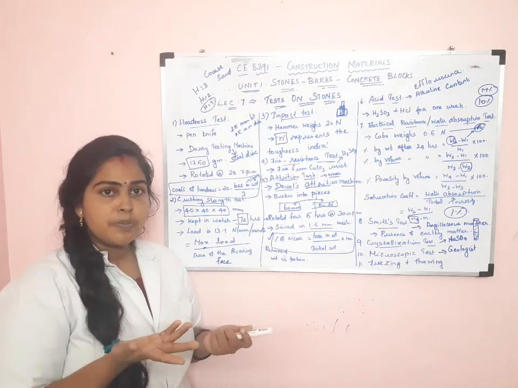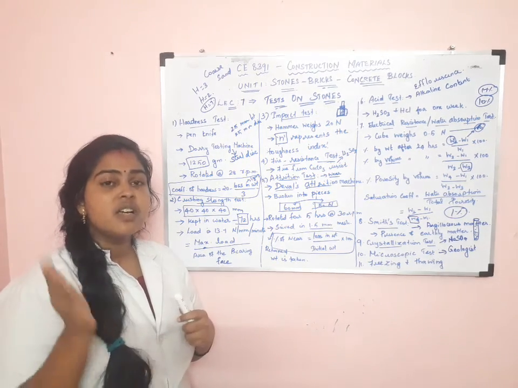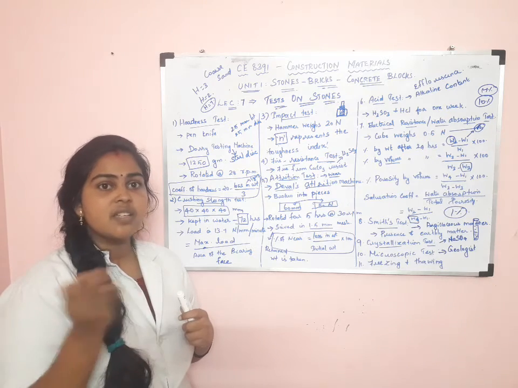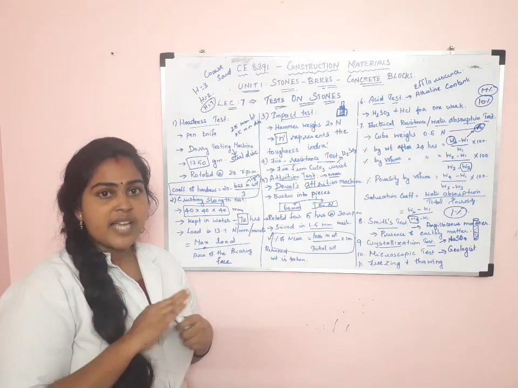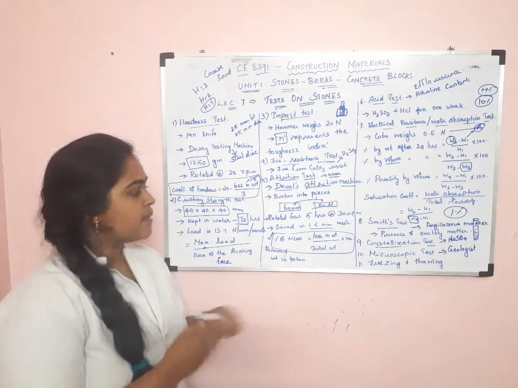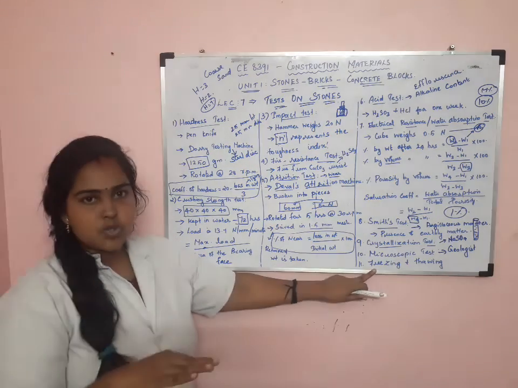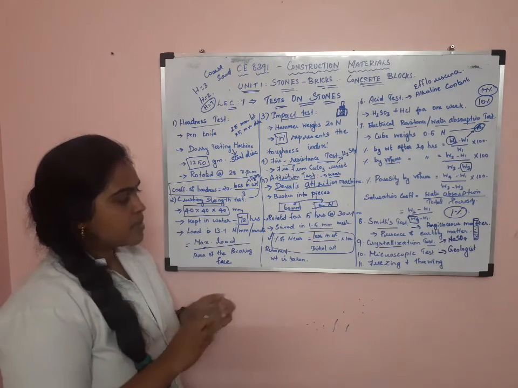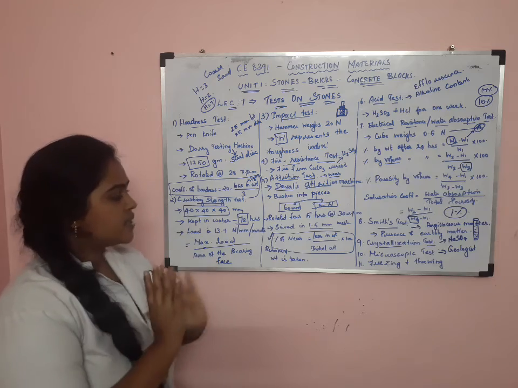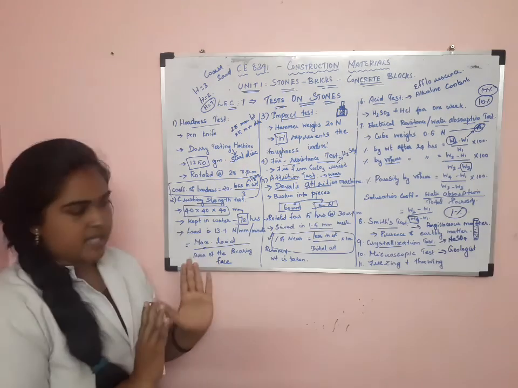Then it is dried in the air shade, not in the sun, because no sunlight should be applied on this stone. After drying, the difference will be found out. That is the freezing and thawing test.